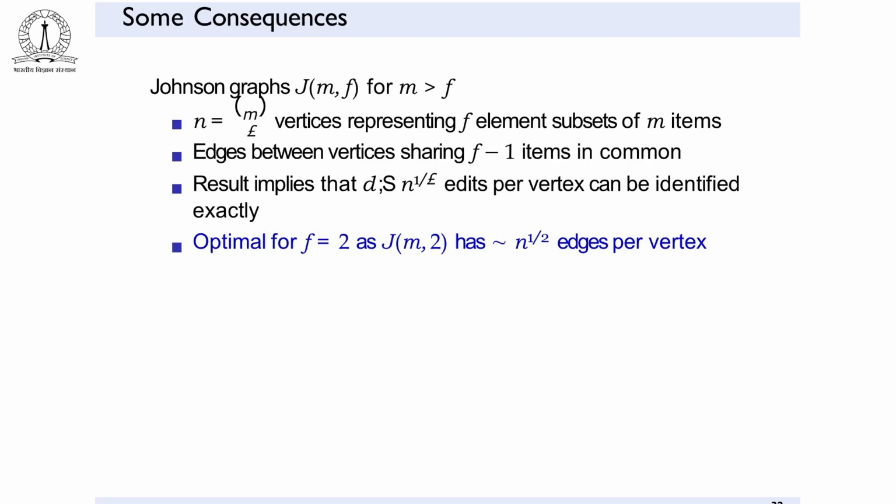And our result, if you specialize it to the case of Johnson graphs, says that you can tolerate so many edits per vertex of a Johnson graph and still recover the Johnson graph back. So if G1 is a Johnson graph, and you have so many edits per vertex that you make to get to G2, you can plug it into our formalism and you can get the Johnson graph back.